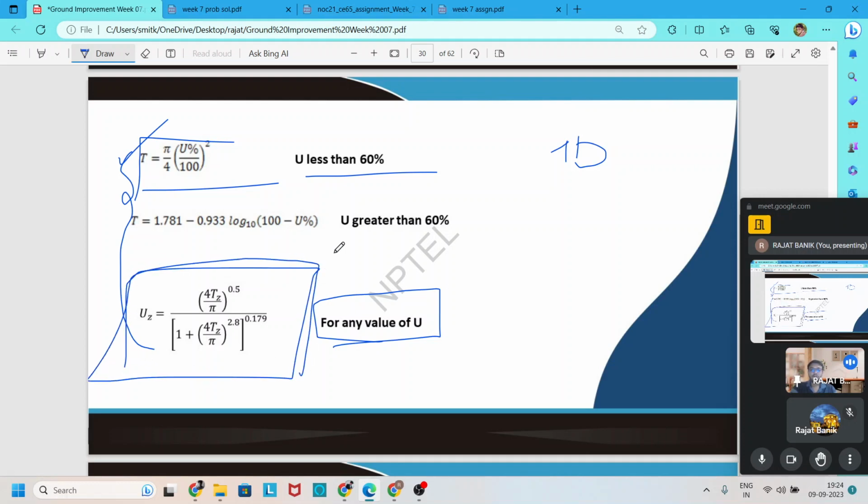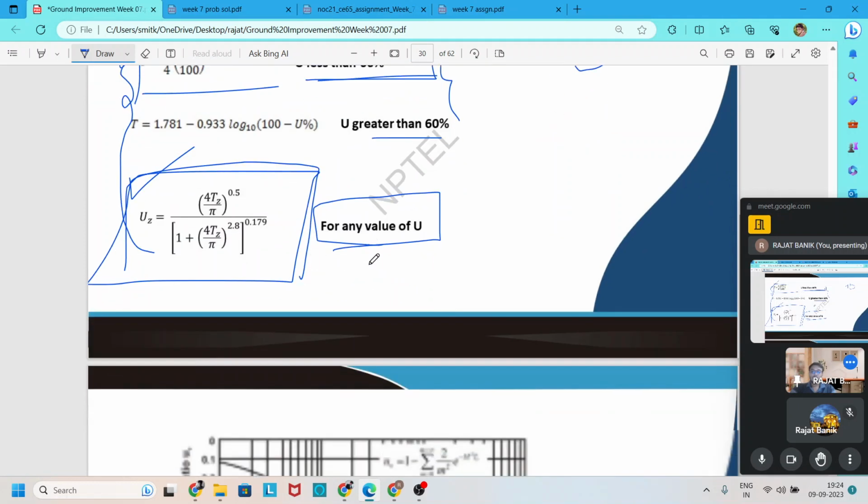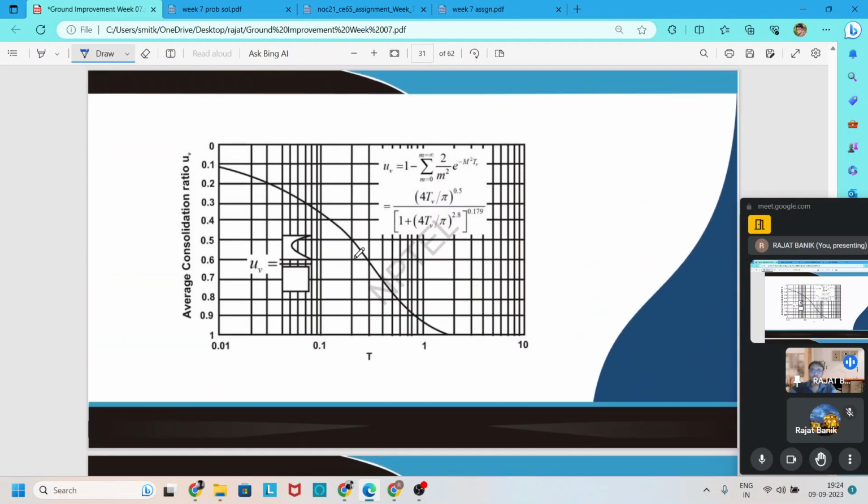So there is no need to consider whether the degree of consolidation is less than 60% or greater than 60%. We directly use this formula. But this formula is used for vertical consolidation only. Here one chart is given for vertical consolidation, which is based on this formula, the same as previously found.